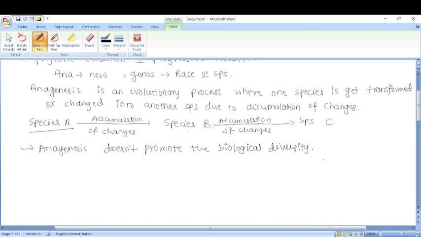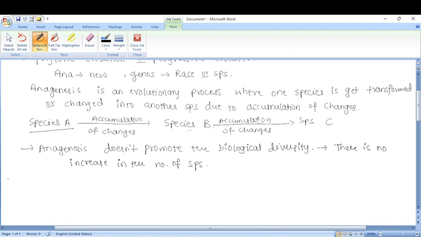Hence, anagenesis does not promote biological diversity. Why? Because here species A gets transformed into species B, and once species B is formed, there is an extinction of species A. Hence, there is no increase in the number of species.